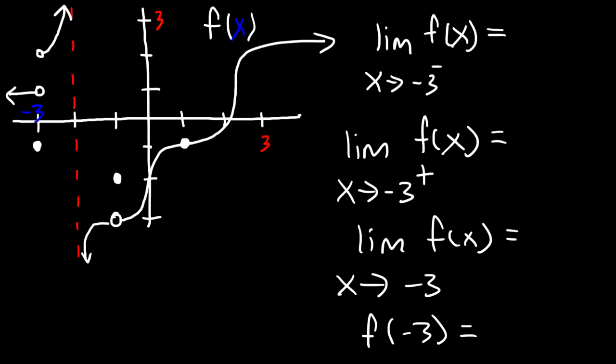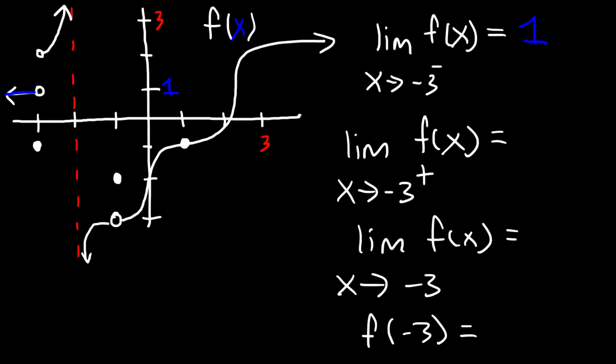Now, if we follow the function from the left as we approach an x value of negative 3, we're going to be on this curve. So we're approaching negative 3, and notice that the y value there is 1. So therefore, as x approaches negative 3 from the left side, f of x approaches 1.